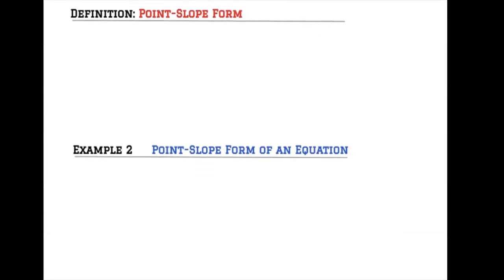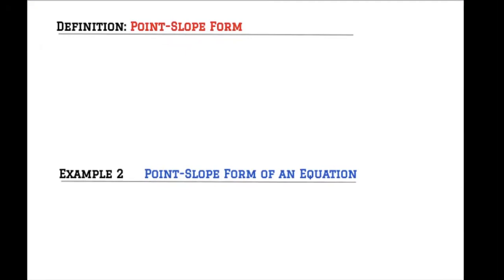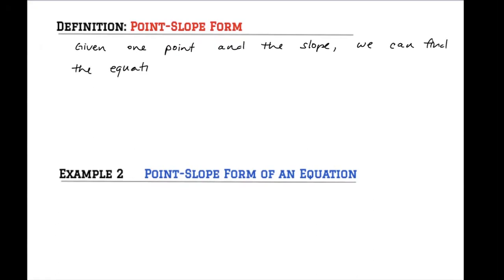Okay. Point slope form. Definition. If you want to know the equation of the line, given one point and the slope, we can find the equation of the line using point slope form.